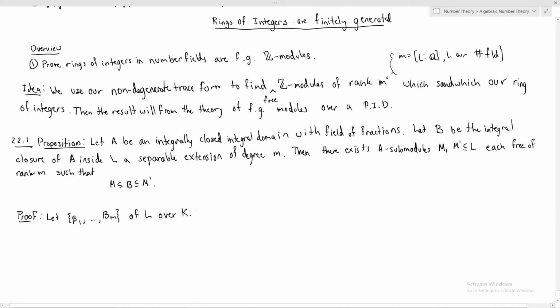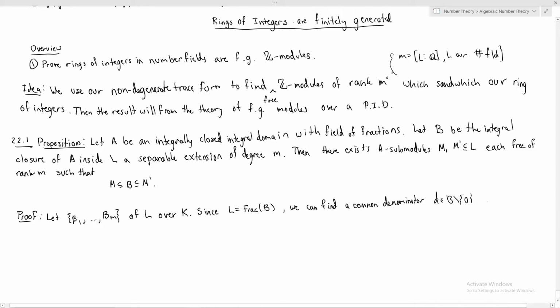Okay, so we know from our lectures on the basics of rings of integers, since L is the fraction field of B, we can find a common denominator d. We could really choose this in A, but it doesn't matter.